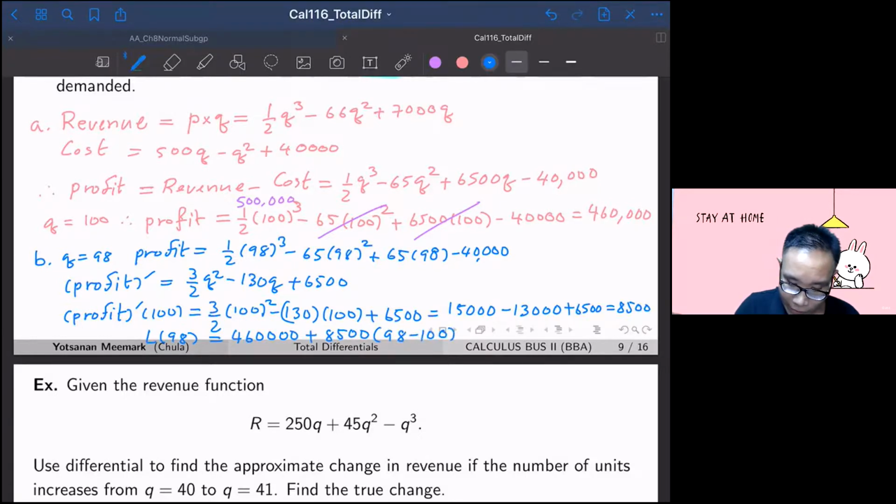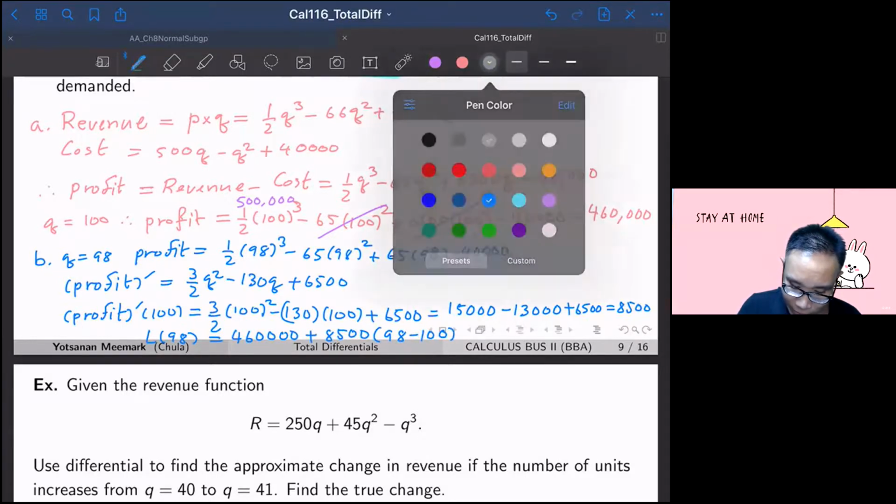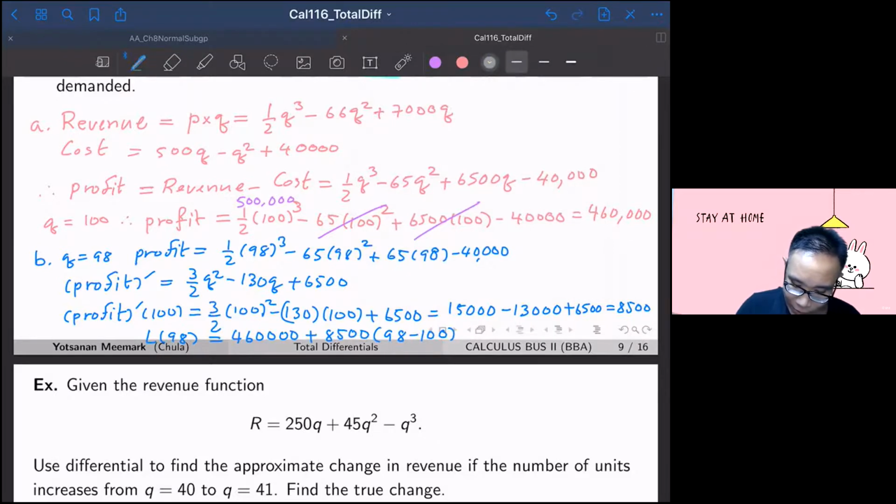Let me clear this a little bit for some of you. So here you have L(x), remember, L(x) equal to y, and this is your value at 100, so it's going to be $46,000, and you add the slope times x minus 100.